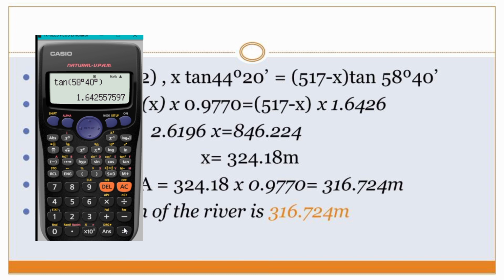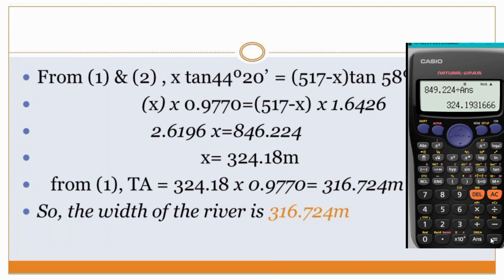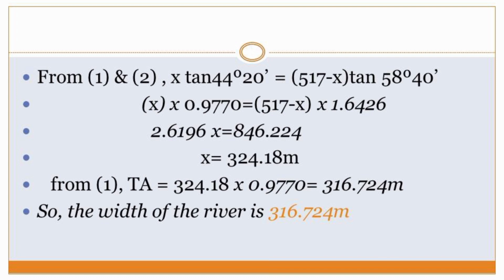By using a calculator, you can multiply and get the correct values. This is simple mathematics, just straightforward. So we find the value of x, and the value of x becomes 324.18 meters. From either equation you can use, we can use the first equation.